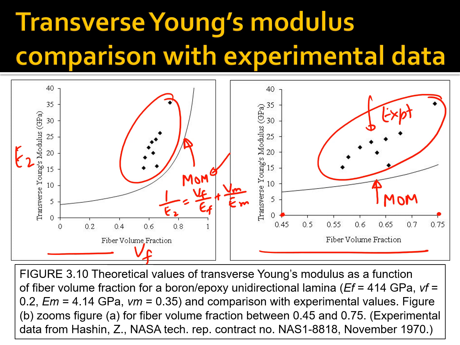That's also one of the videos which you're supposed to look at to see how the Halpin-Tsai equations allow us to have these experimental data points closer to the model itself. Not the mechanics of materials model, but the Halpin-Tsai model, you'll see, will be closer to these experimental results. And that's the end of this segment.